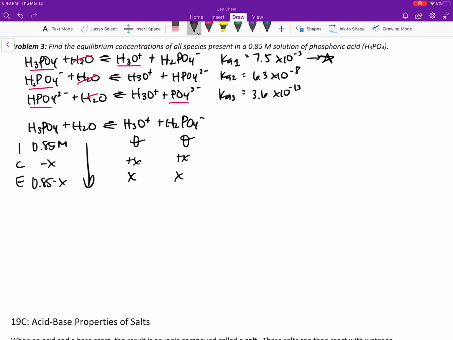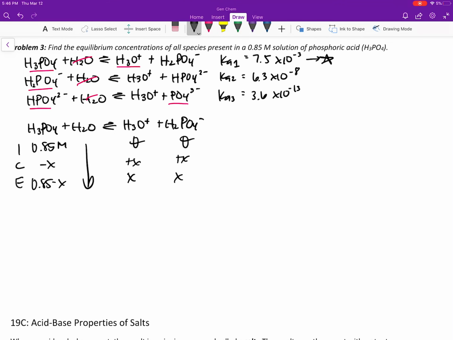So now I'm going to take Ka1 and multiply that by 1000, and what you can probably see is that the value is not going to be smaller than our initial amount. What this means is I cannot get rid of the minus x. It has to stay. So it means I'm going to be doing a quadratic.